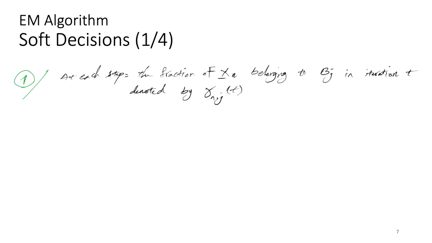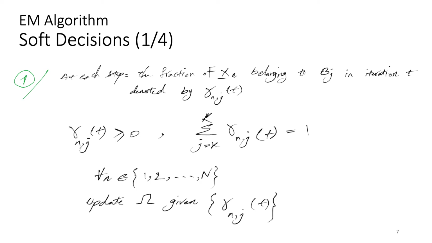So we're going to use it in the soft decision algorithm. All right, so let's talk about soft decision. At step number 1, we already defined the fraction of xn belonging to bj in iteration t, and we define it by omega n of j at t. So at this iteration t, we have some properties for that. Of course, this one is a positive number, and also the summation of all should be 1, obviously, because the summation of all xn's belonging to all the bj's at each iteration should be 1.